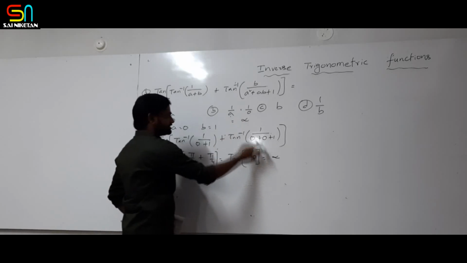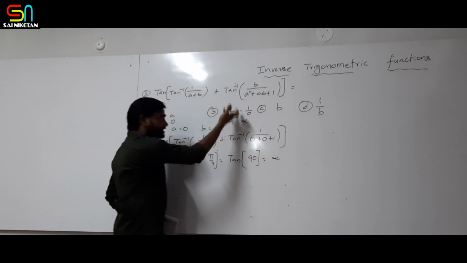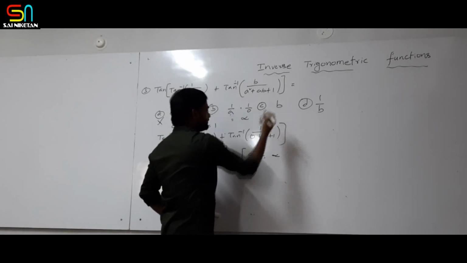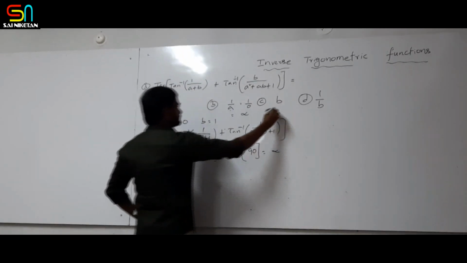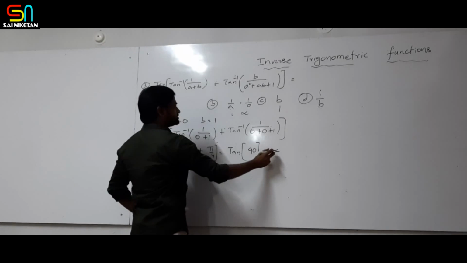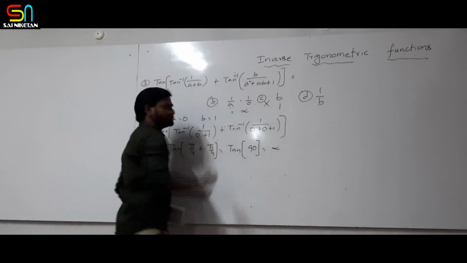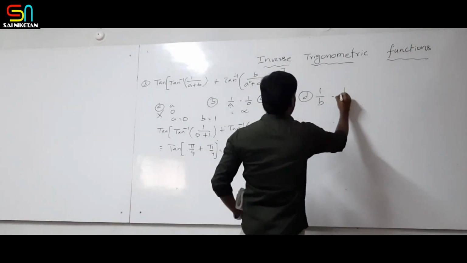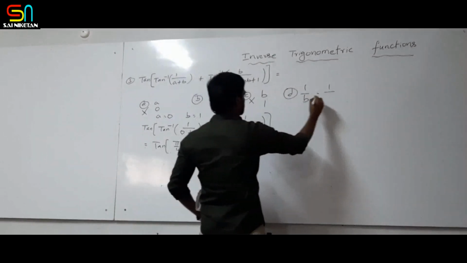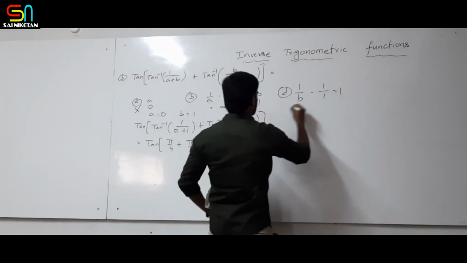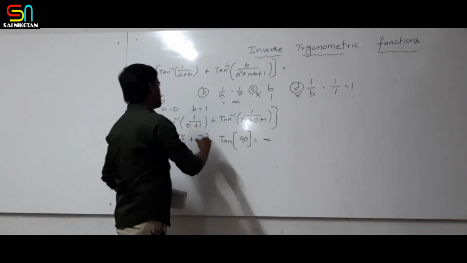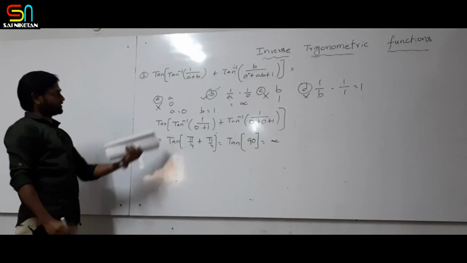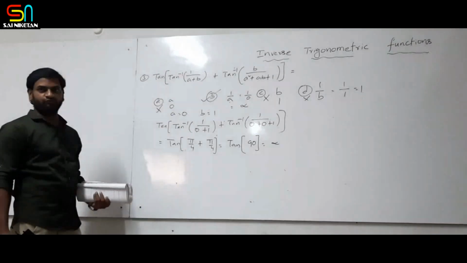Both answers are matching, so it may be the answer. Now we have to check the remaining also. What is the b value? b value is 1, but we got the answer as not defined, so this option is wrong. Next, come to this one, 1 by b. The b value is 1, substitute here, 1 by 1 is 1, so it is also a wrong answer. So the correct answer is B. In this way we can solve this type of problems.